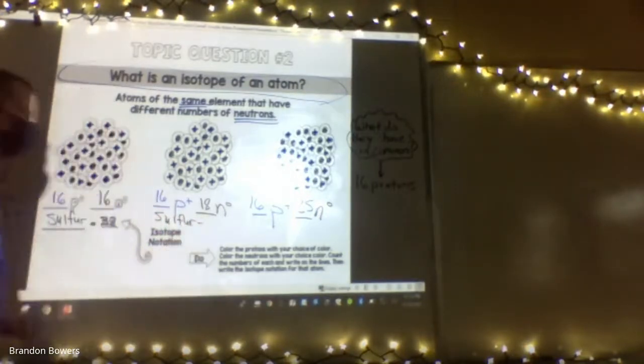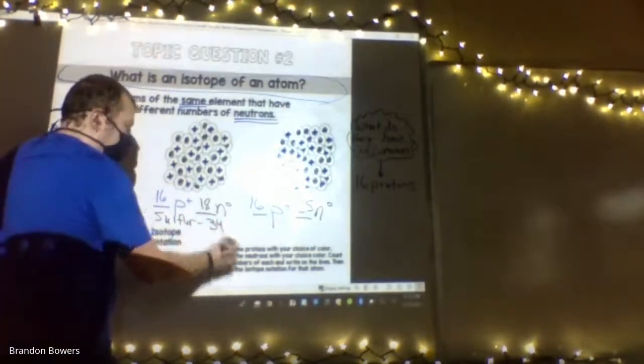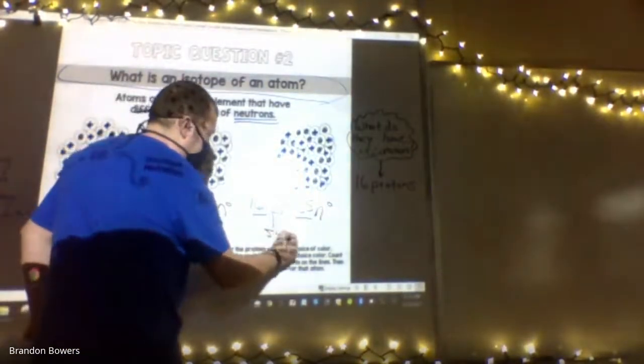what's the mass of this sulfur? 16 plus 18? 34. What's the mass of this sulfur?